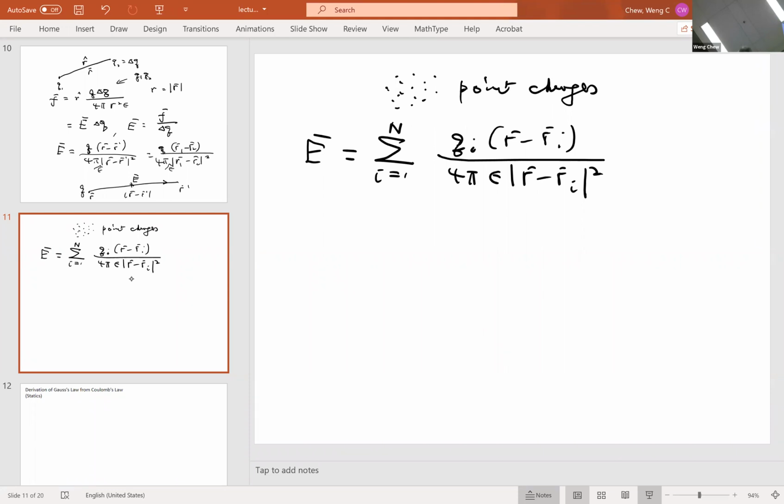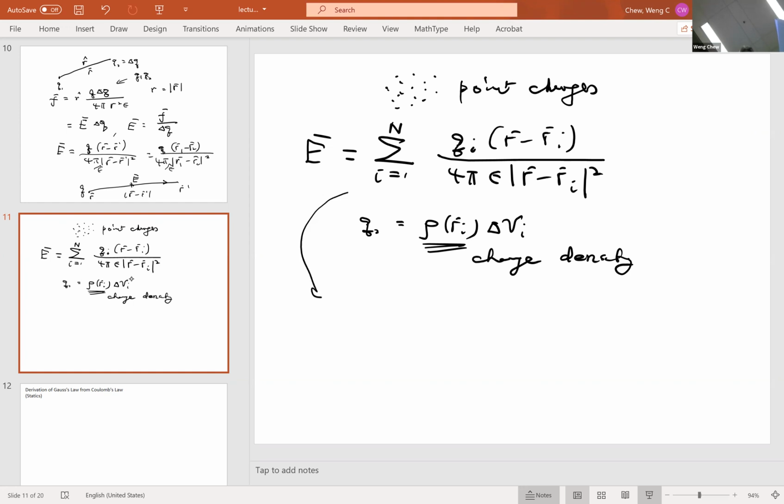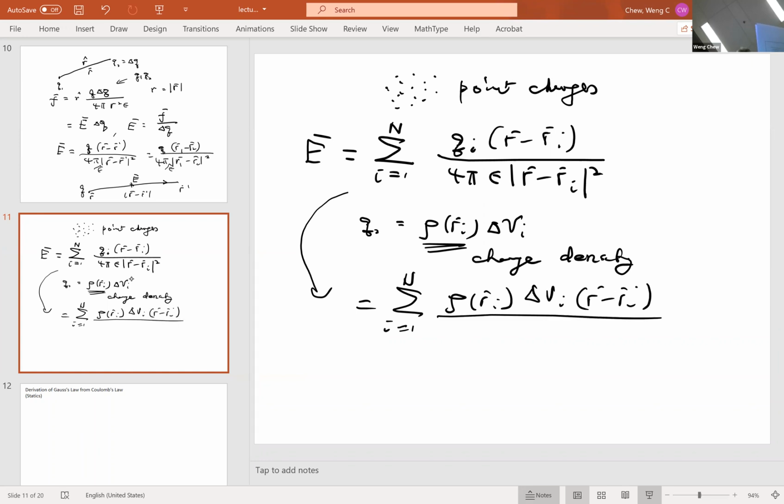Now if we further assume that Qi is rho i, which is the charge density times the small volume at that location, then you can rewrite this as the sum from i equal to 1 to n of rho(Ri) delta Vi (R minus Ri) over 4 pi epsilon |R minus Ri|.